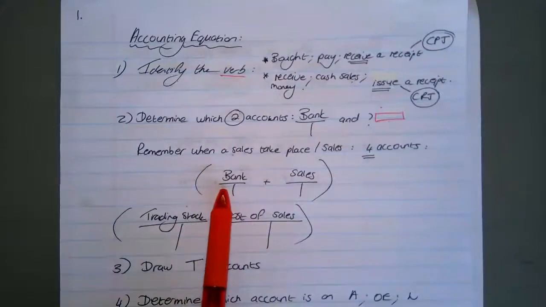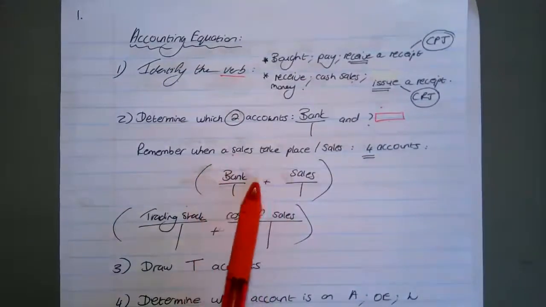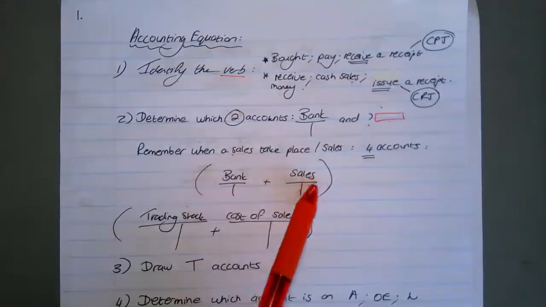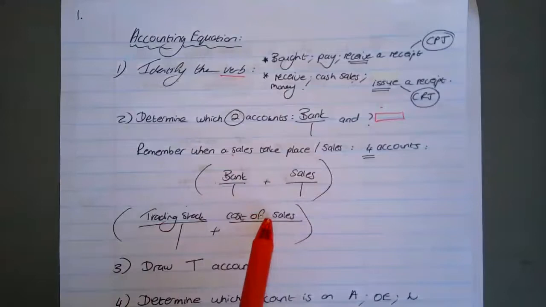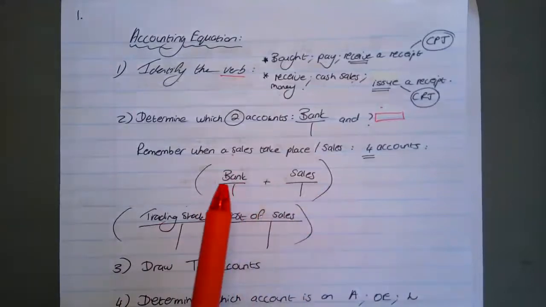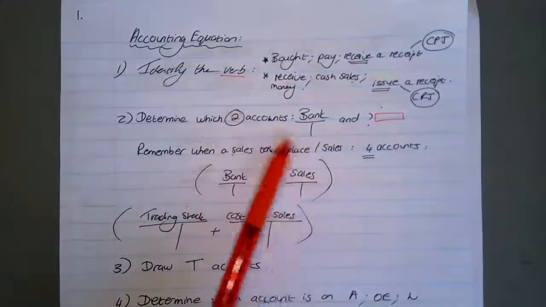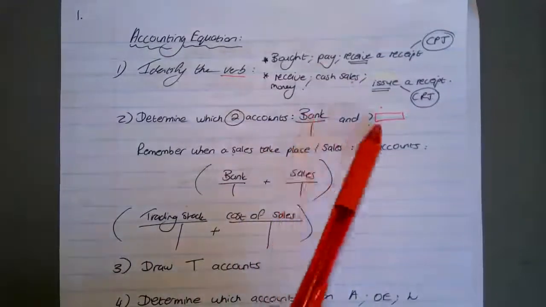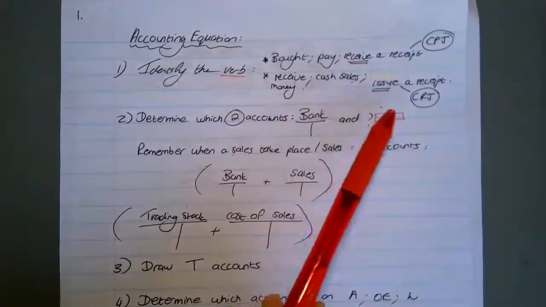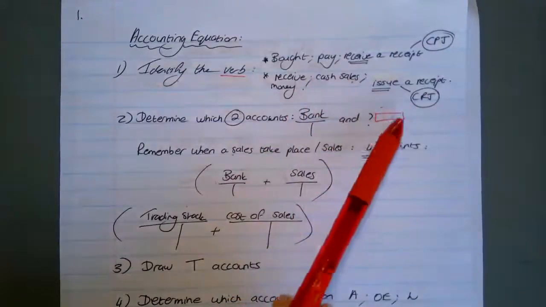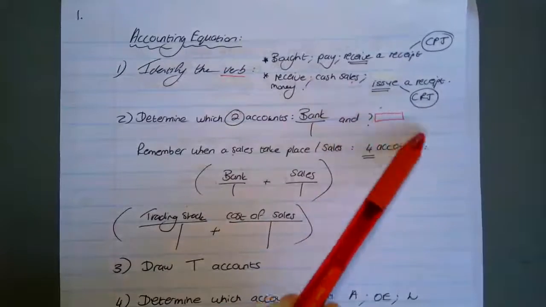So it is bank, sales, because we are receiving money that goes into the bank because of the sales transaction. What are we selling? We are selling trading stock. What is the value of the trading stock? Cost of sales. Okay, so for every single account, except the sales account, there will only be 2 accounts involved: bank and whatever you are paying for, or whatever the account's name is that you are receiving money for.